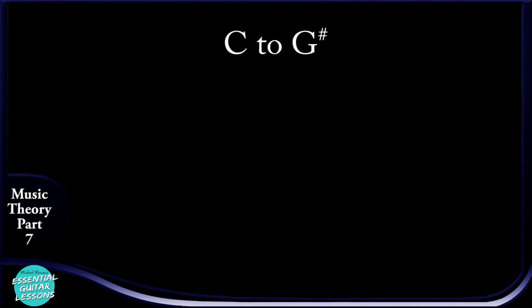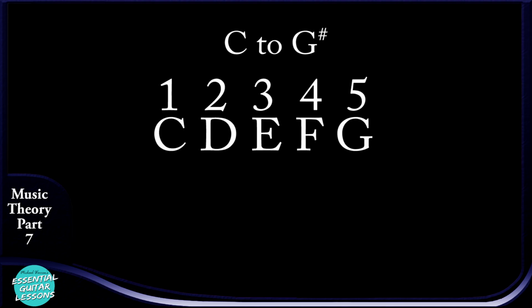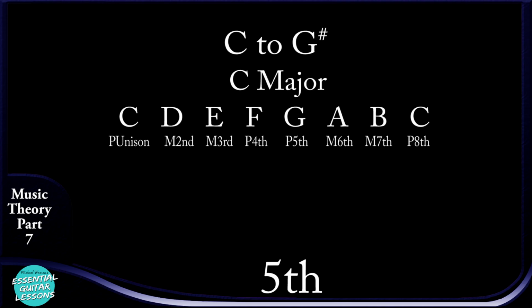Now let's do a few where the notes don't naturally fall into the major scale and see what happens there. So let's do C to G sharp. So we do our count as normal. So we have C, D, E, F, G. So we know it's a fifth of some sort there. Then we just bring up our C major scale because that's our starting note.